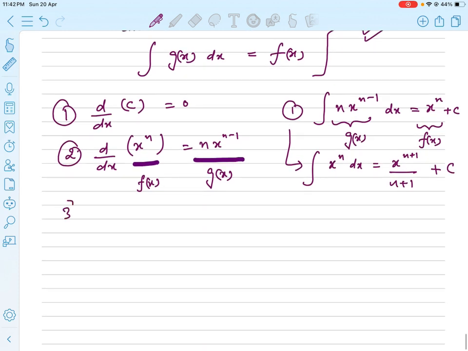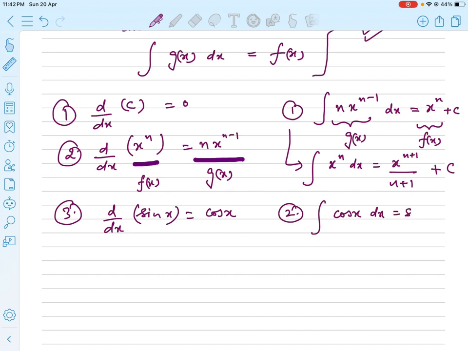Similarly, we know that derivative of sine x is cos x. So in integration, we can say that integration of cos x dx would be sine x plus c. Similarly, derivative of cos x is minus sine x.